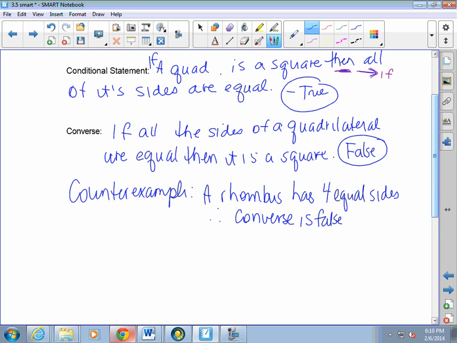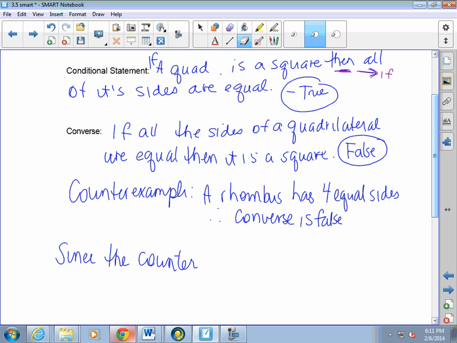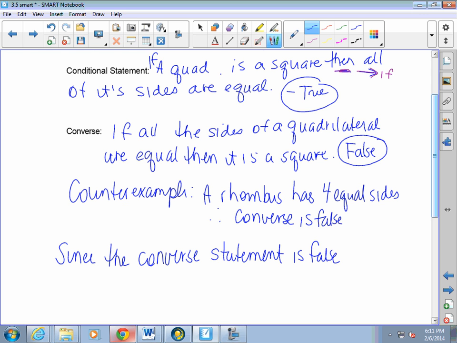So what this means then is, since the converse statement is false, the biconditional statement, so that if and only if statement, is false.